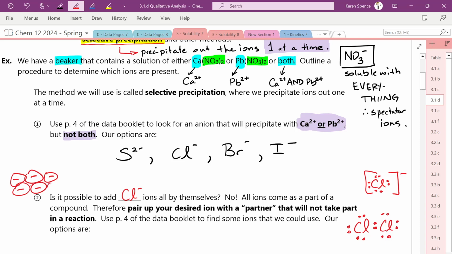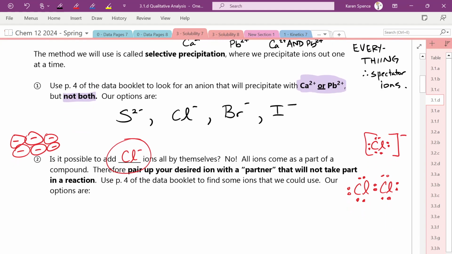They would repel. Yes? You cannot get negative ions by themselves. What do they always have to partner up with? They always have to partner up with a positive ion so that you have a stable positive, negative arrangement. Okay, so we're going to pair up our ion with a partner, and because we have a negative ion, we need to pair it with a positive ion.